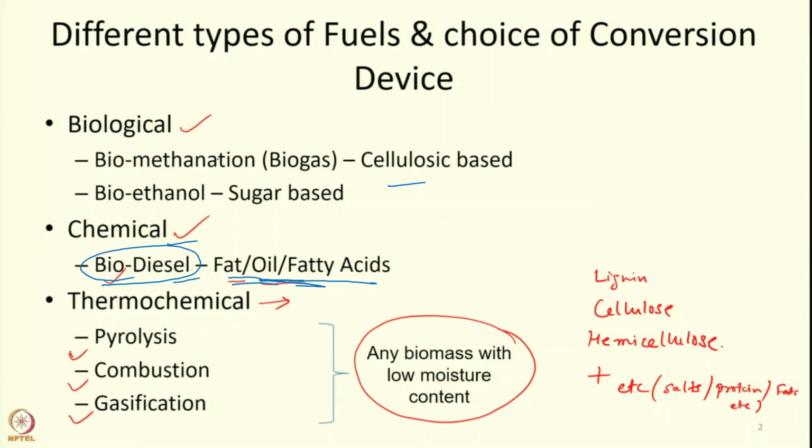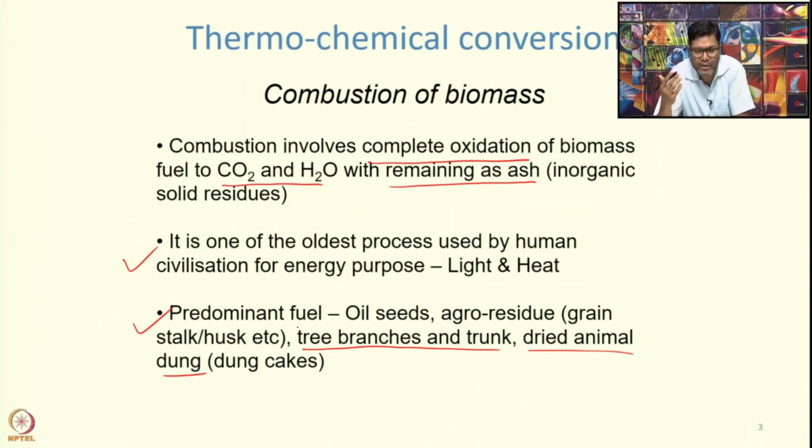And from the cellulose we can produce energy by a biological process and by thermochemical processes: pyrolysis, combustion, and gasification, which I already discussed. The combustion process is the complete oxidation of the biomass in the presence of oxygen. The definition is very important. The residue is inorganic solid residue, and heat and light are also produced when combustion occurs.